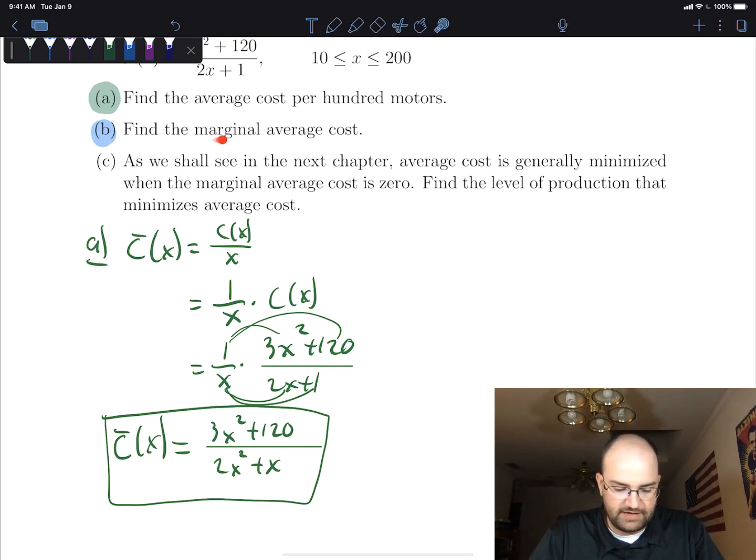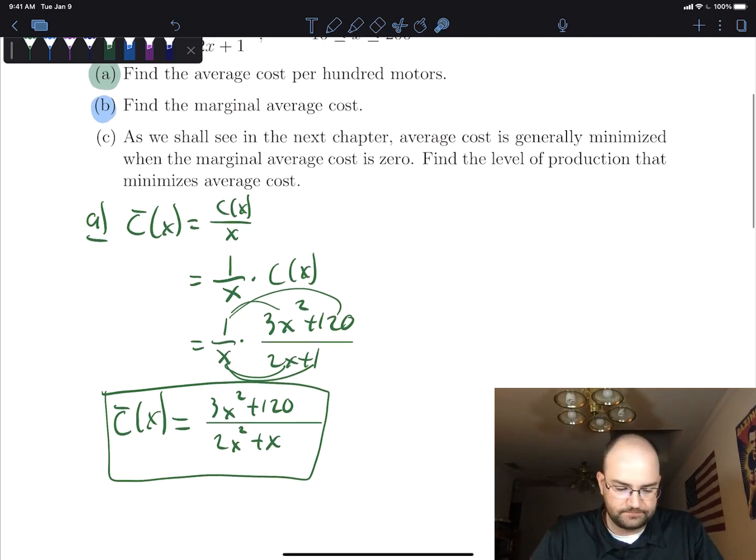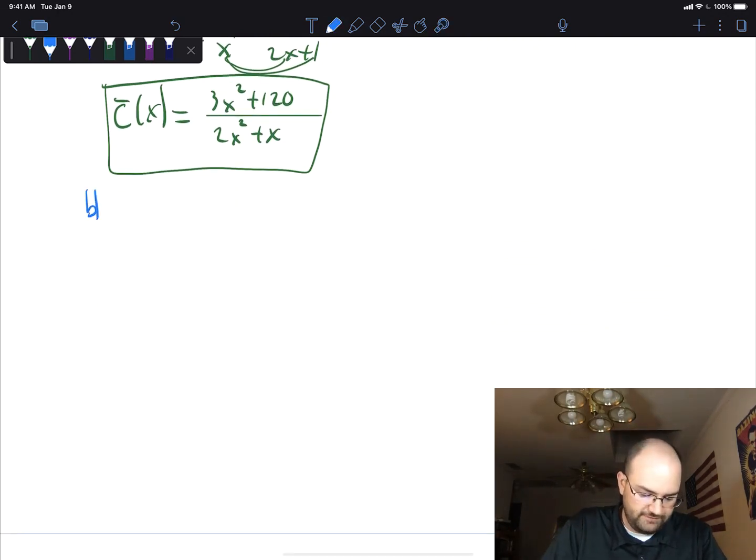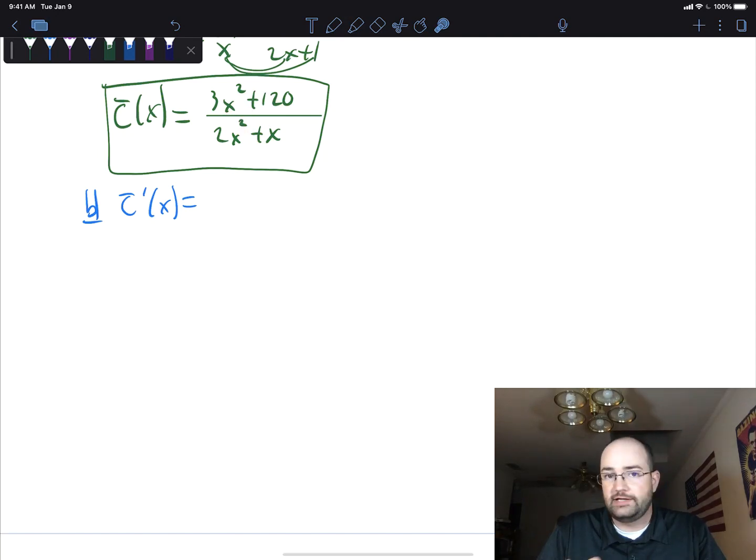B, find the marginal average cost. Marginal average cost just means the derivative of the average cost. So on B, we want to find C bar prime of x. We're going to take our answer from before and just find the derivative.